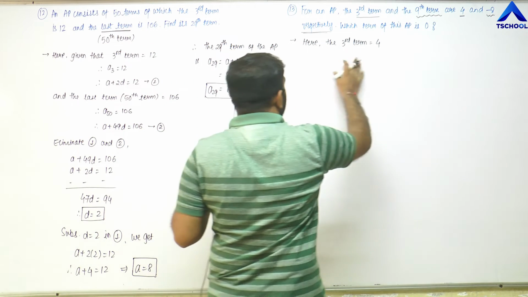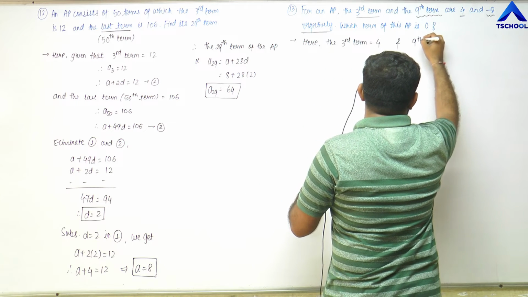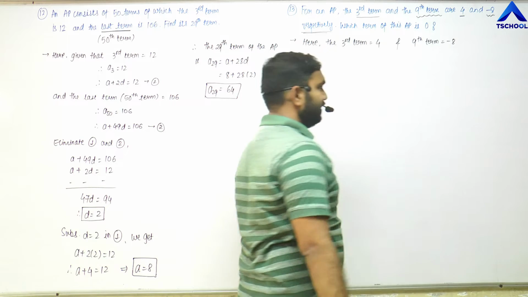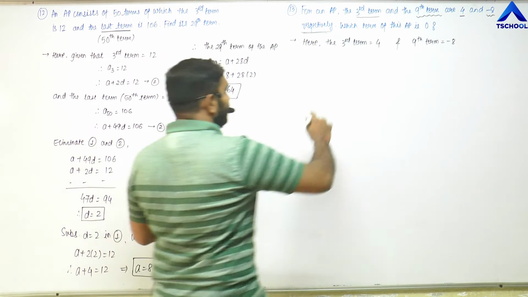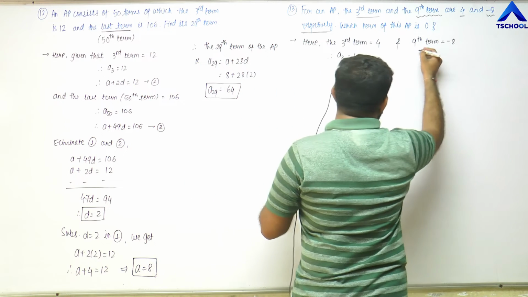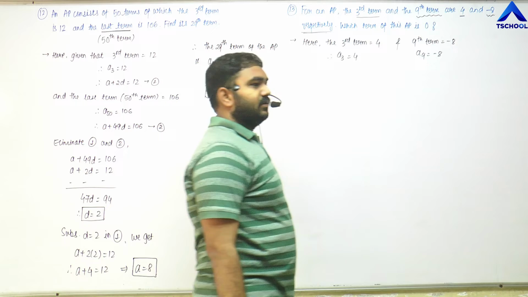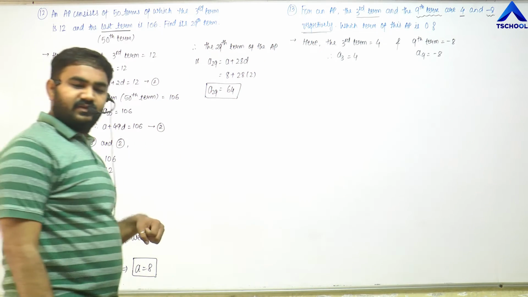So here the third term is equals to 4 and ninth term is equals to -8. So to talk about these two, A3 is equals to 4 and A9 is equals to -8, right? What is A3 when compared to the general form of the AP?